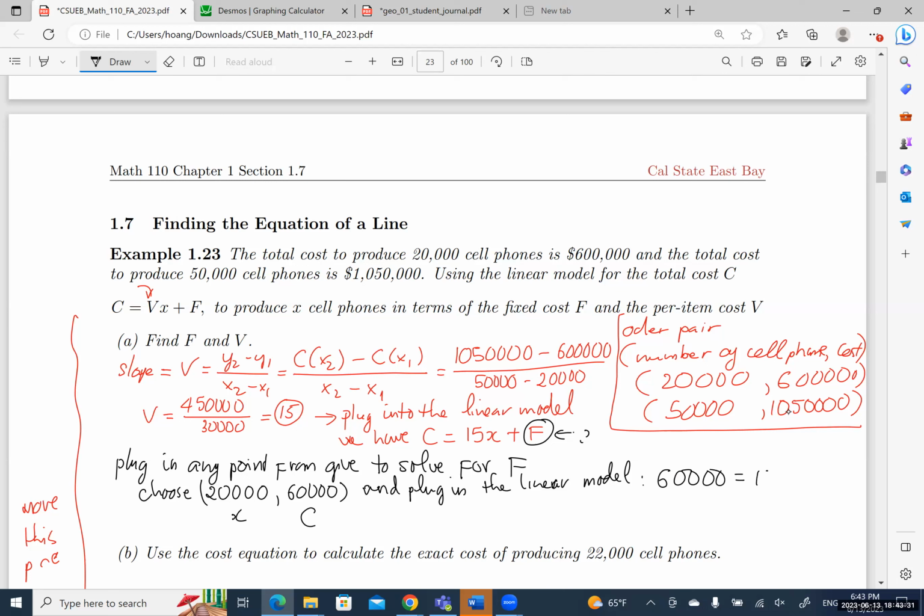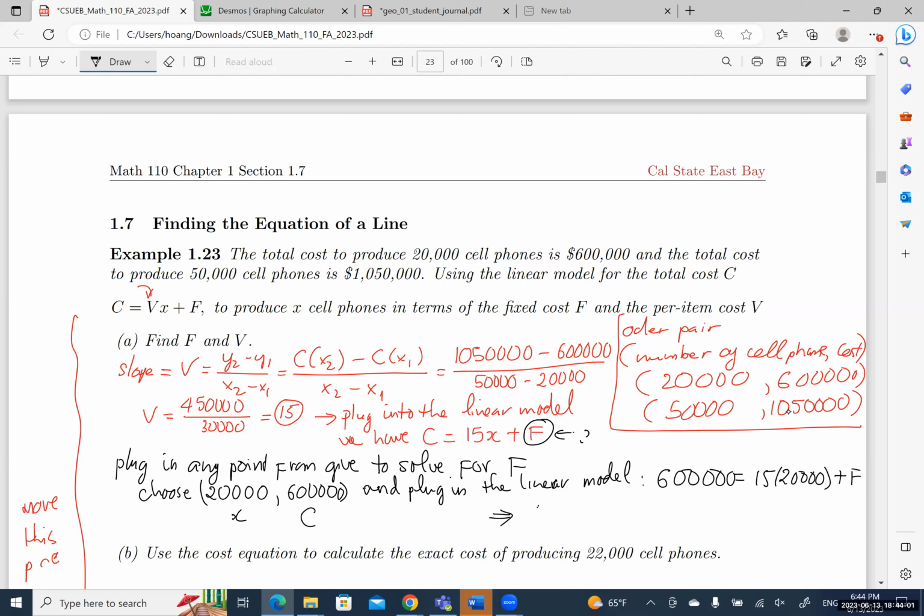Equal to 15x. Is it 60,000? No, 600,000, right? 600,000. And then 15 times 20,000. And then plus F.